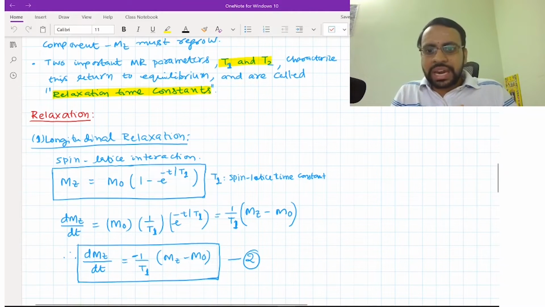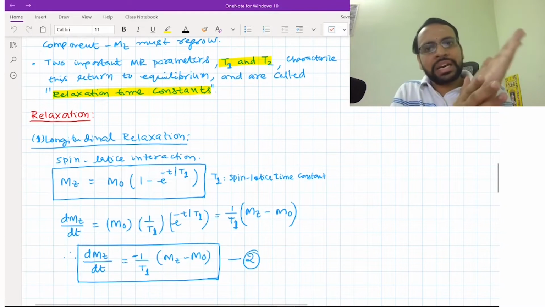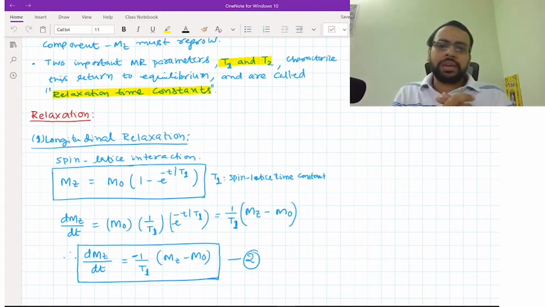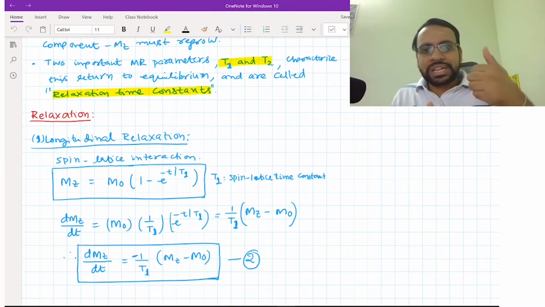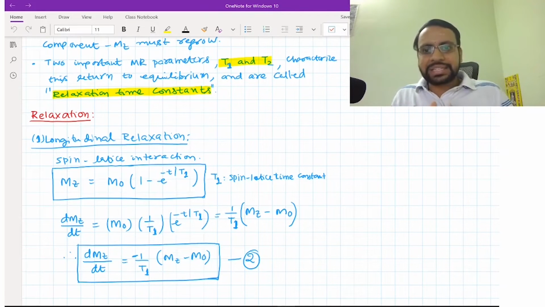So you could say Mz equals M naught into 1 minus e to the power of minus t over T1. This T1 tells you at what rate it is going to come back. If you compare these equations with the voltage across capacitors, or the current across inductors, you would see a very similar behavior here.